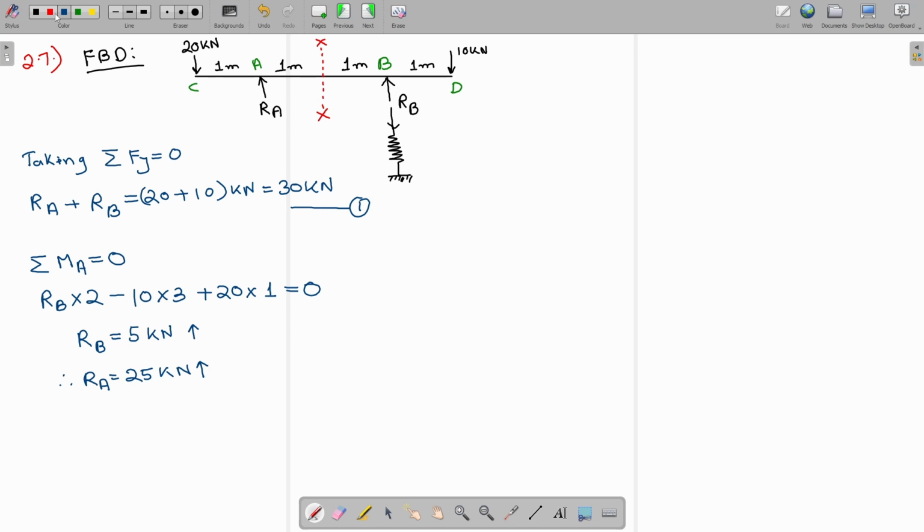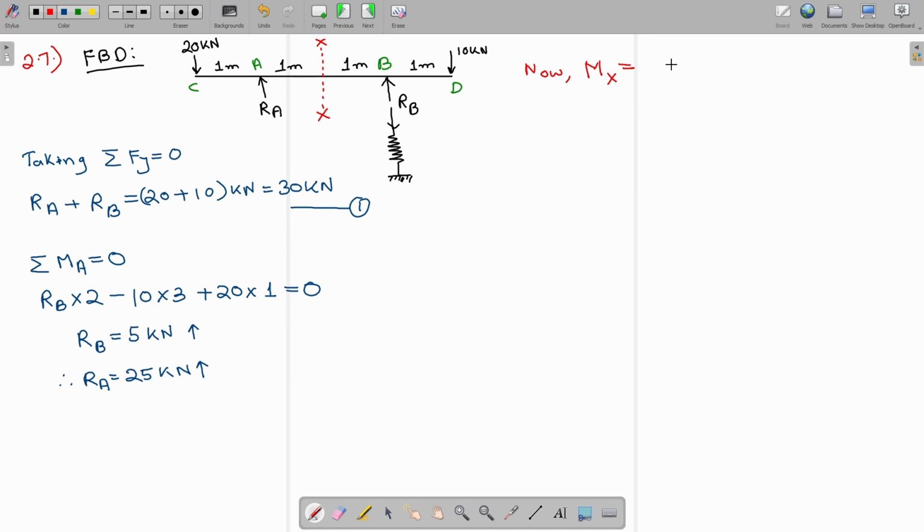Now, moment Mx is equal to, that is about this section. We are going to consider the right hand portion, that is from here to here.